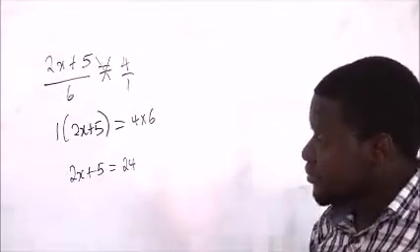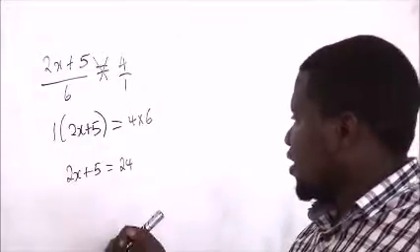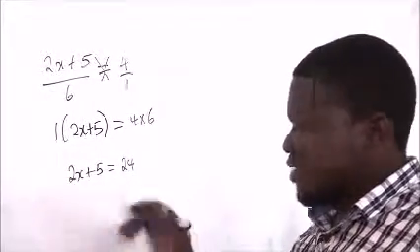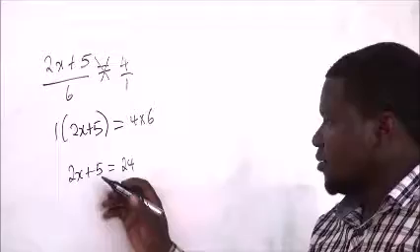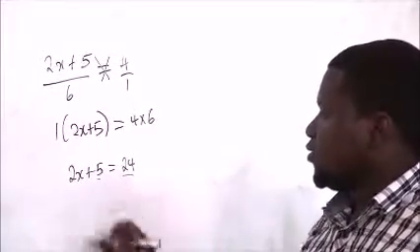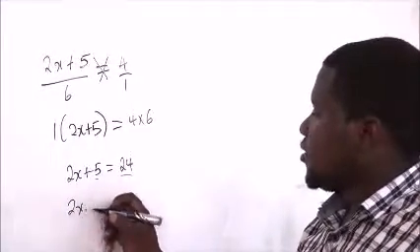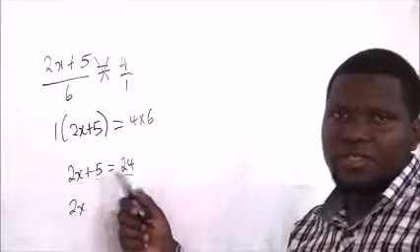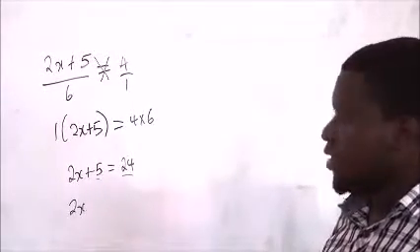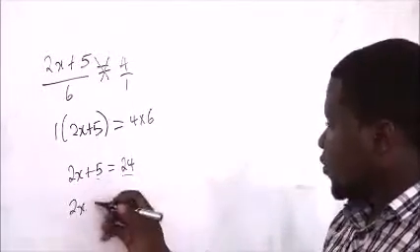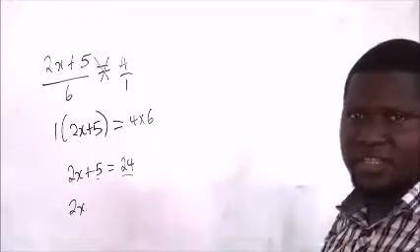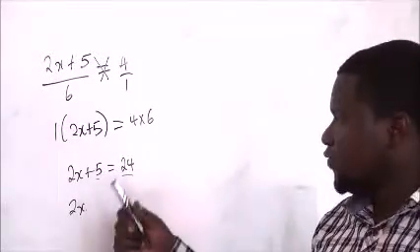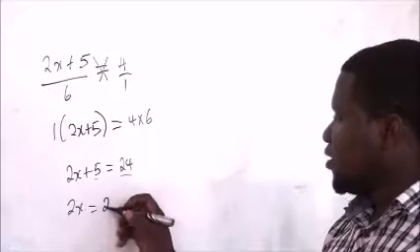Knowing that, I'm going to collect like terms at this stage. Like terms are this one and this one. So we'll say 2x the way it is. The additive inverse of this positive 5 is the negative on the other side. When a number crosses an equal sign, the sign will change from positive to negative.